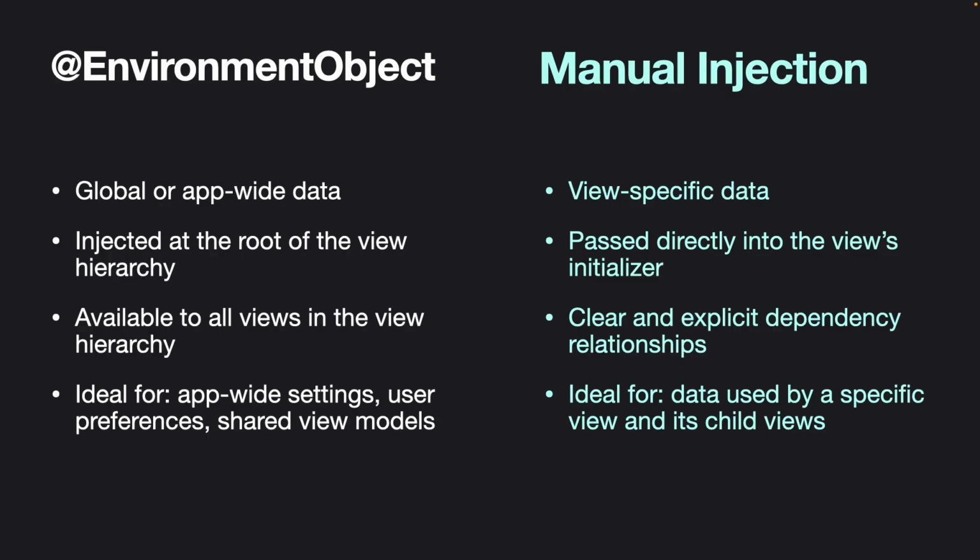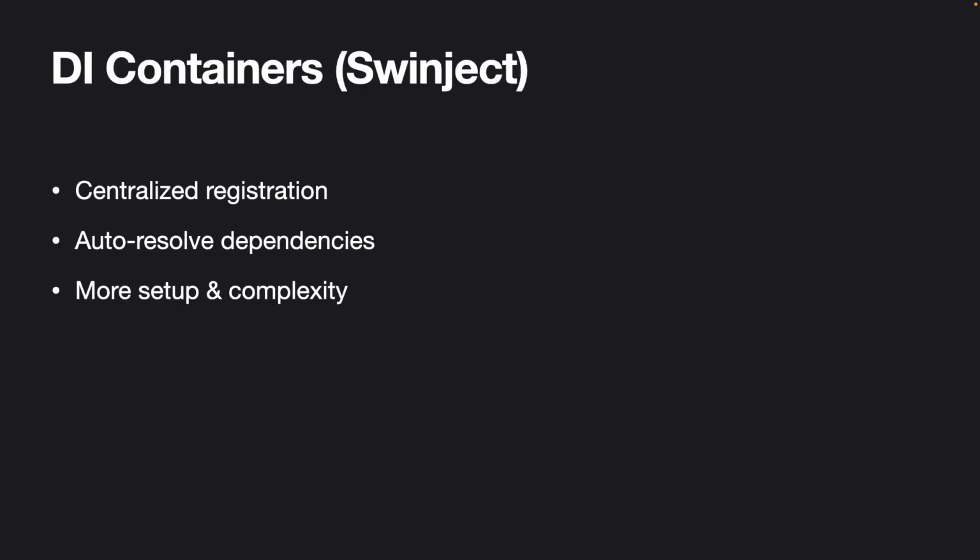Alright, in the previous examples, we talked about manual dependency injection, where you pass everything explicitly through initializers or use EnvironmentObject to inject dependencies at the top level. That works really well for most Swift and SwiftUI apps. But in larger code bases, you might want to use a DI container like Swinject to manage dependency creation and resolution for you.